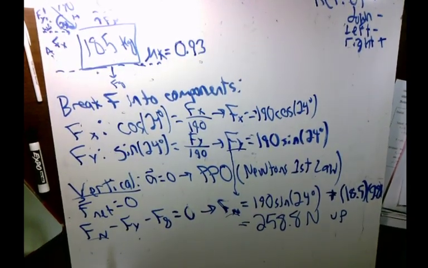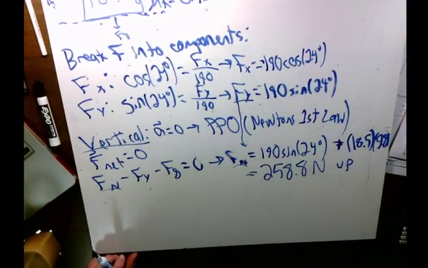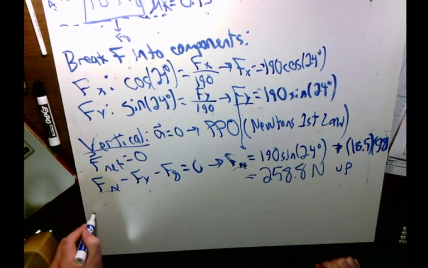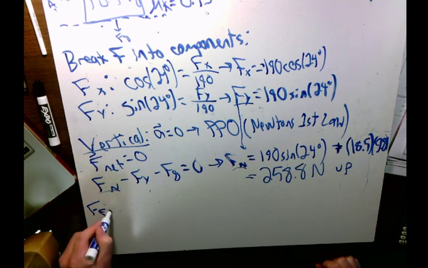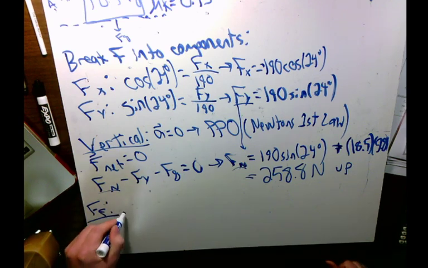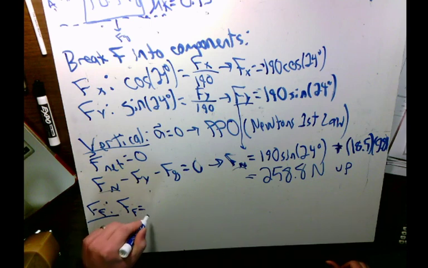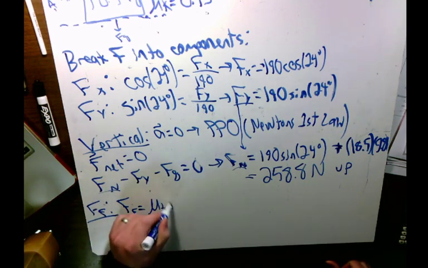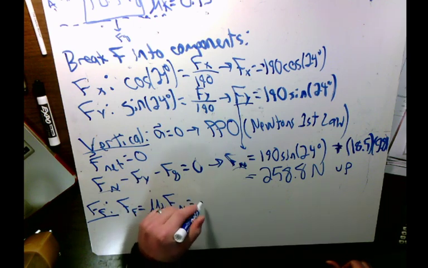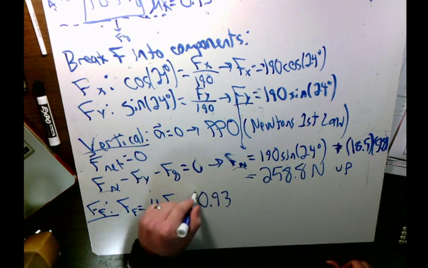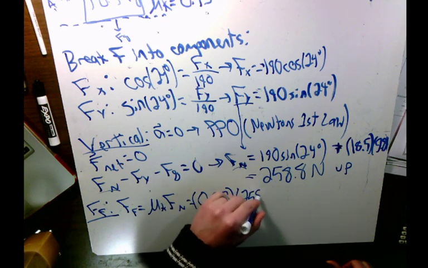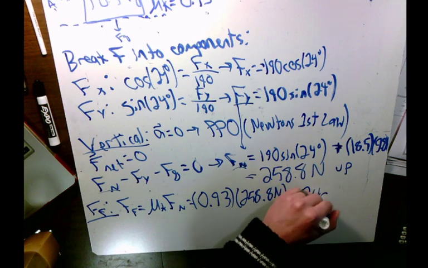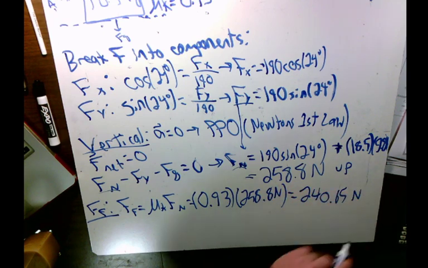Now I'm able to solve for my force of friction. Force of friction, which is always equal to our coefficient of friction, in this case kinetic because we're moving, times the normal force. So we have 0.93 times 258.8 newtons, coming out as 240.65 newtons.